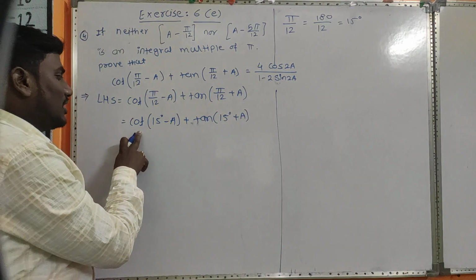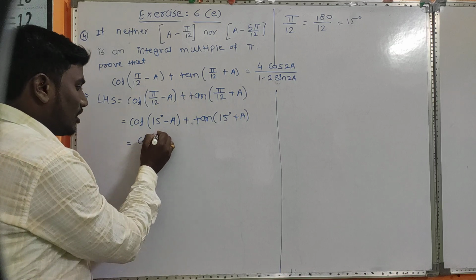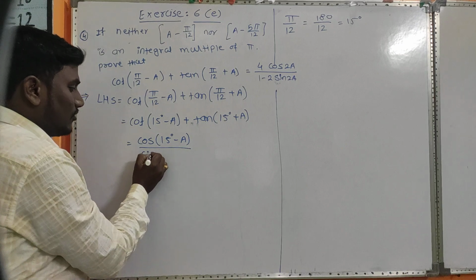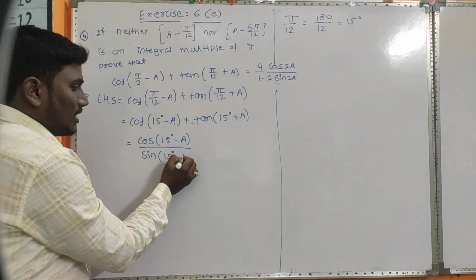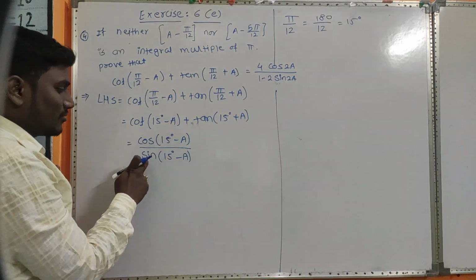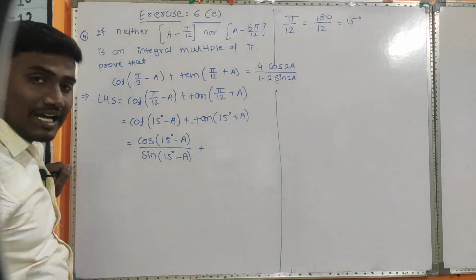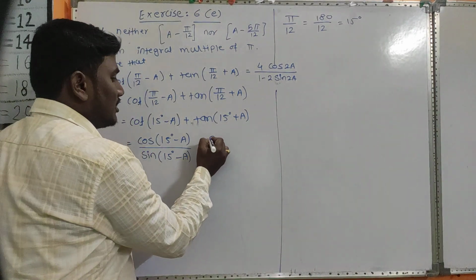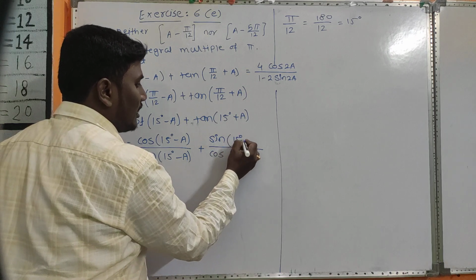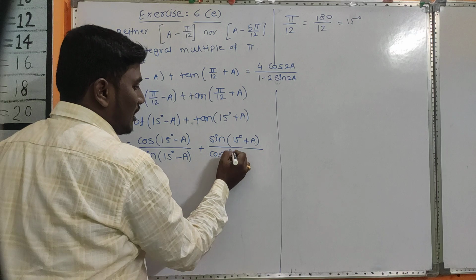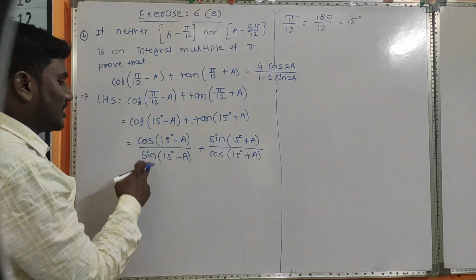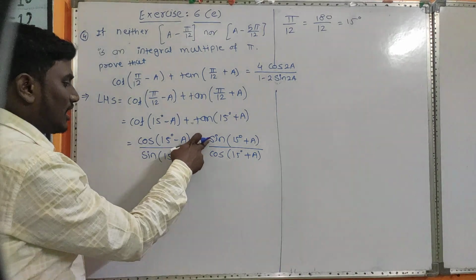Now this cot can be written as cos by sin: cos(15 degrees minus A) divided by sin(15 degrees minus A). We know that cot theta is equal to cos theta divided by sin theta, plus this tan theta can be written as sin theta upon cos theta. Your angle is 15 degrees plus A. Now we can do cross multiplication, cos into cos, sin into sin.